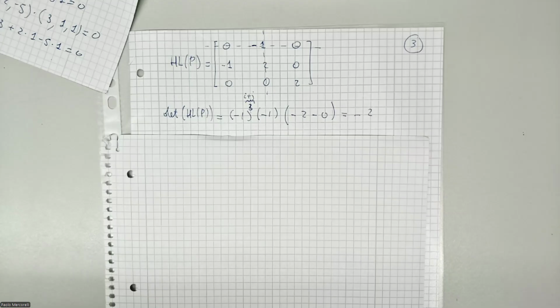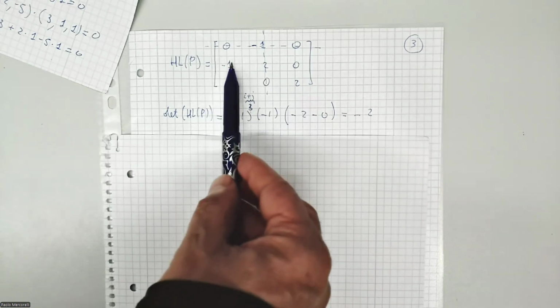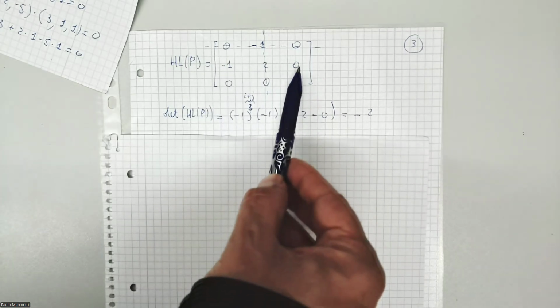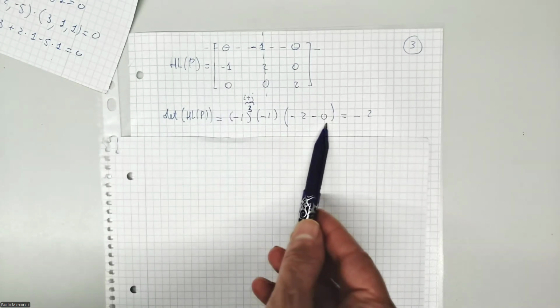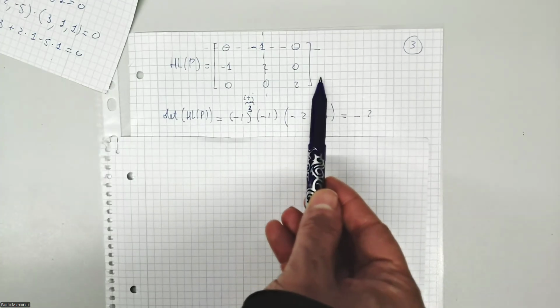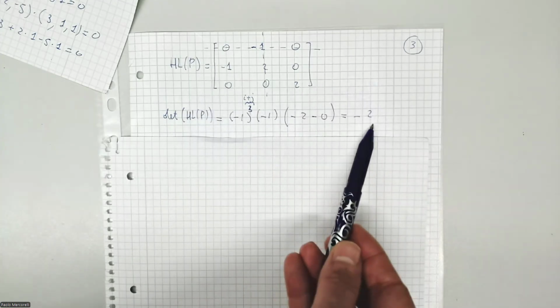The determinant of these 4 elements, again, is this multiply this minus this multiply this. Remember, we have a C. It's minus 2. Look what happens if I choose this. Should be the same. Should be minus 2.